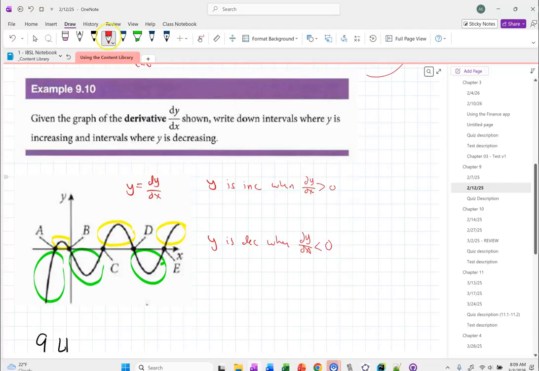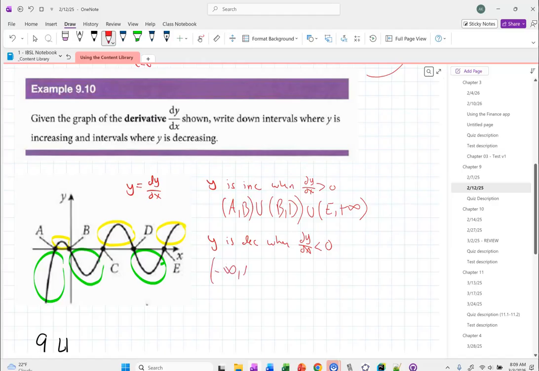So we just need to write this. We'll do that using interval notation. So we are increasing from A to B, and then from B to D, and then from E to positive infinity. Where are we decreasing?